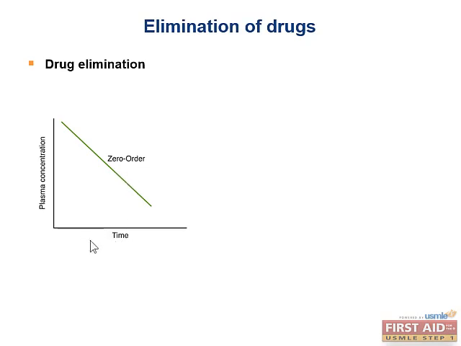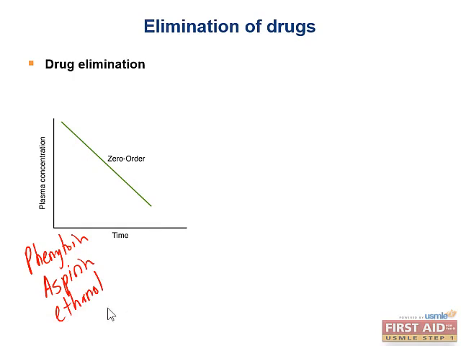Since you're experts on zero order elimination now, what drugs are going to follow this zero order linear pattern? There are three main ones that I want you to remember that are going to be high yield drugs for test day. These include phenytoin, aspirin, and ethanol.